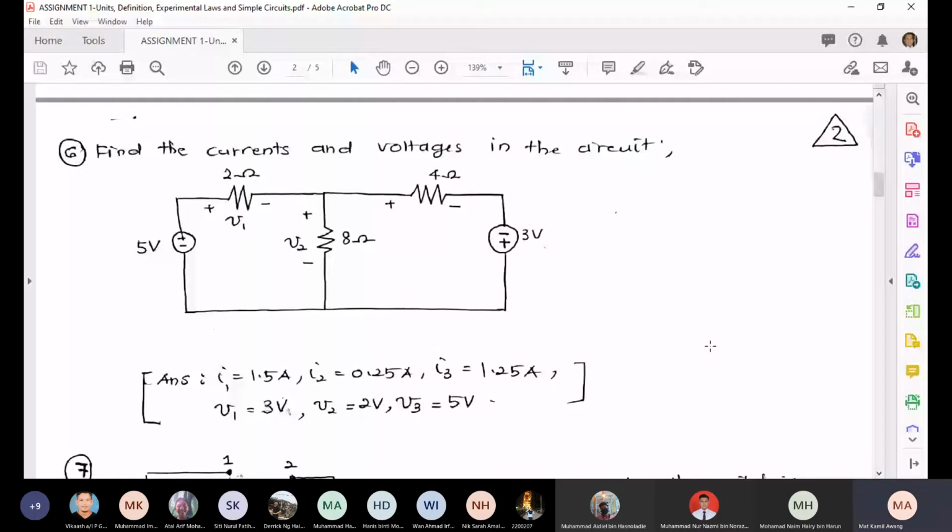And another equation is that V2 is equal to V3 minus 3 volts. So you try.